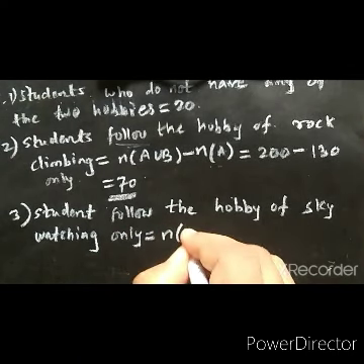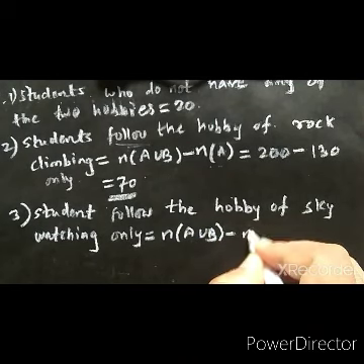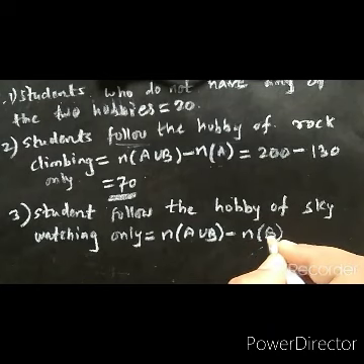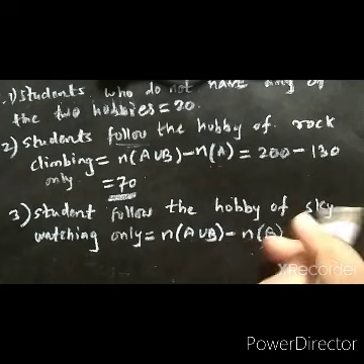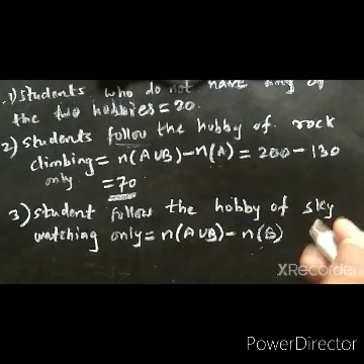So we take n of A union B minus n of B, because already we considered n of B as the set of students who informed about their hobby as sky watching. Here we want students who follow the hobby of sky watching only, so we cancel this n of B from n of A union B.